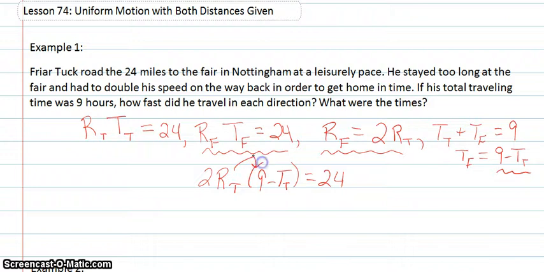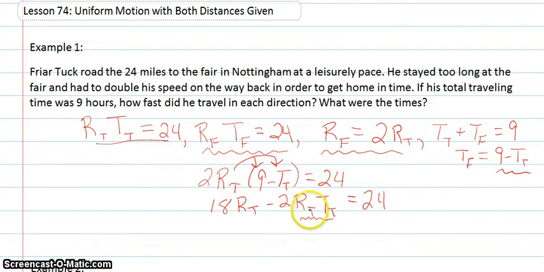Then I'll distribute that 2 R sub t across. So I'll have 18 R sub t minus 2 R sub t, t sub t, and it's still equal to 24. Now R sub t and t sub t, we see here that equals 24, so I can replace that with the 24.